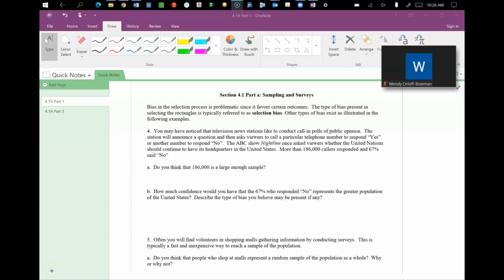In the rectangles example, if you recall, about 2/3 of the data that we collected resulted in samples that overestimated the true population average area. That's an example of what we call a selection bias.